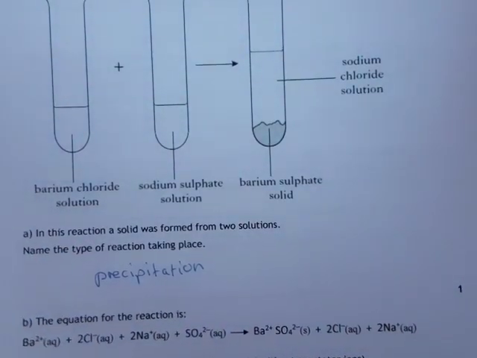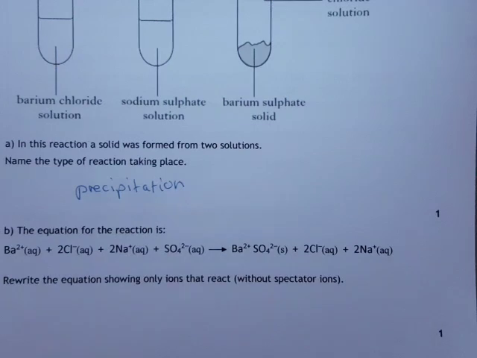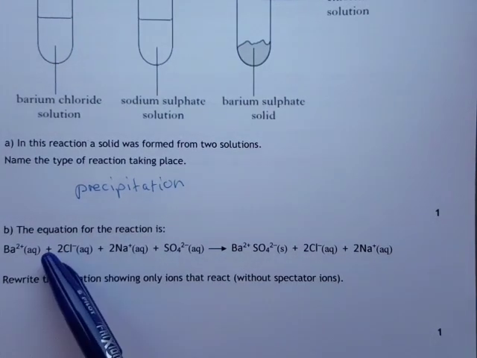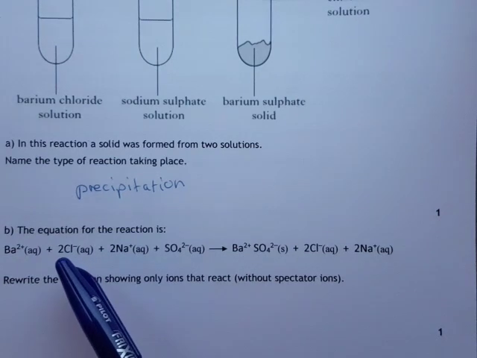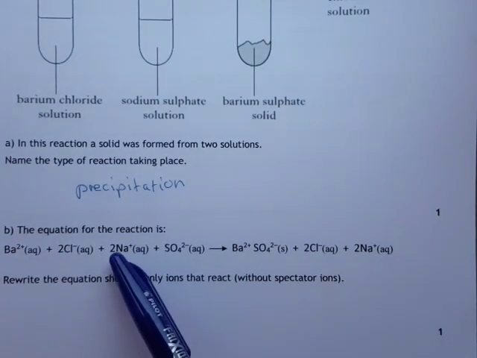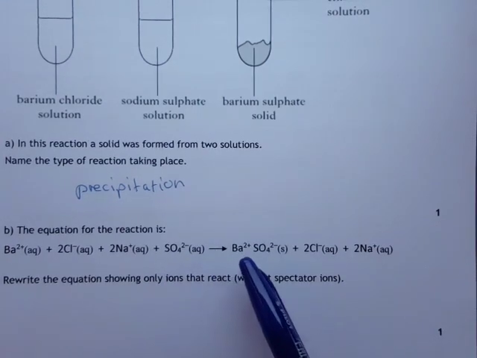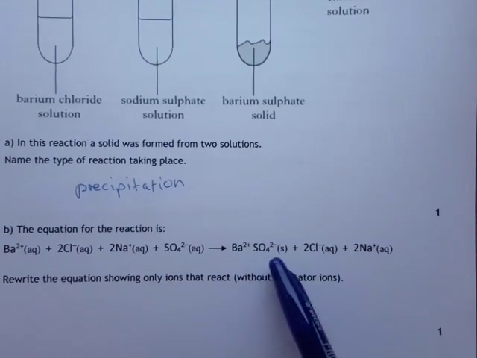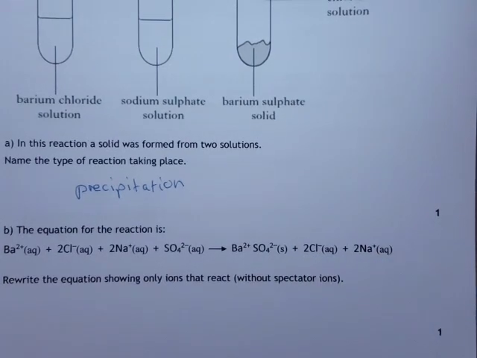Okay. And then part B says the equation for the reaction is, and it gives you an equation here. So you've got barium 2+ in solution, plus 2 Cl⁻ ions, 2 chloride ions in solution, plus 2 sodium ions in solution, plus a sulfate ion in solution, makes, and then you've got your barium sulfate solid and your chloride ions and your sodium ions still in solution.